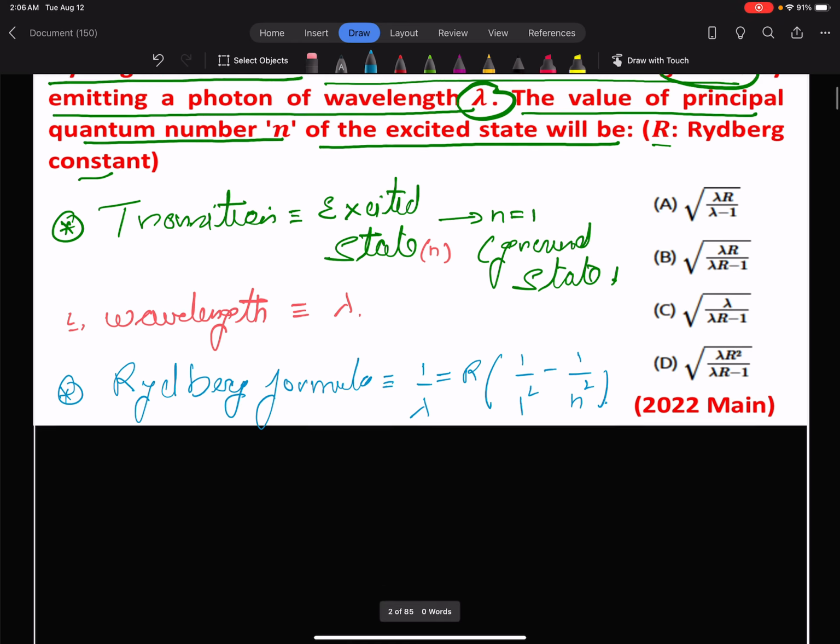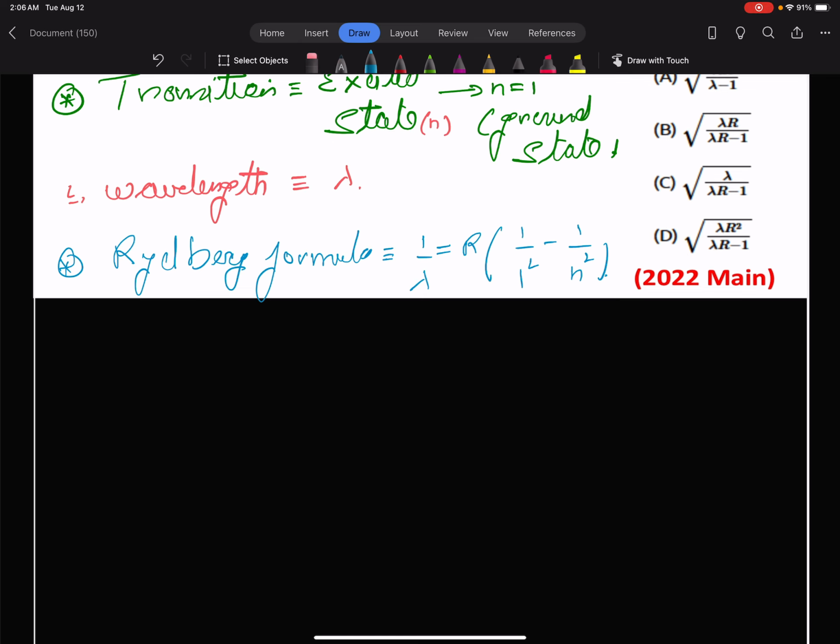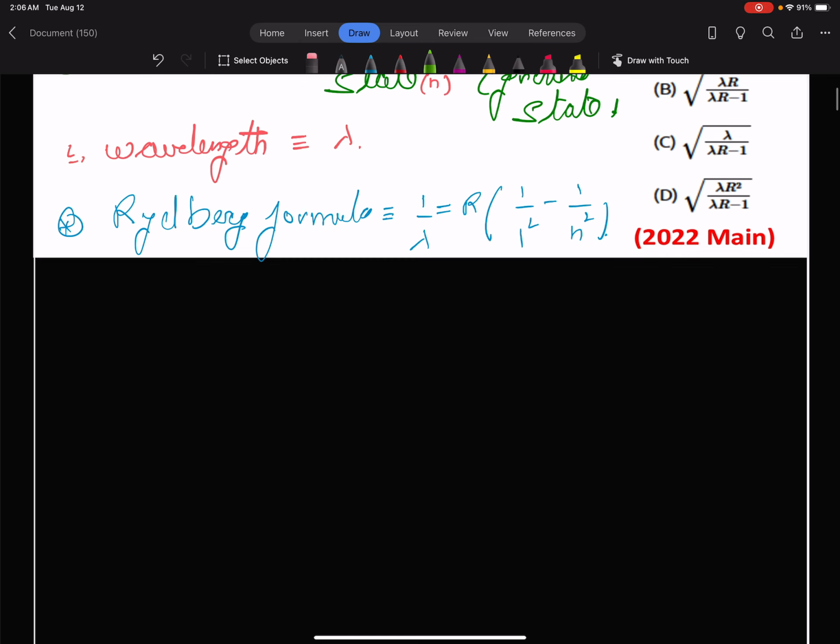Now we are going to simplify this equation for n, and therefore we can write that 1 minus 1 upon n square will be equal to 1 upon R lambda, and from here we can write that 1 upon n square will be equal to 1 minus 1 upon R lambda.